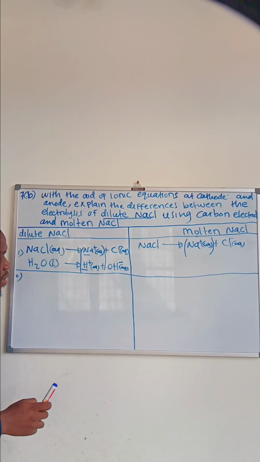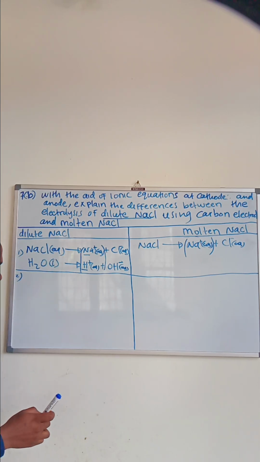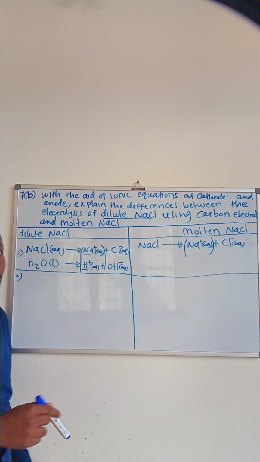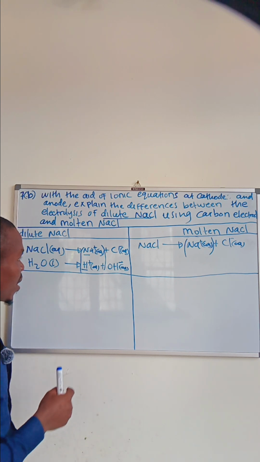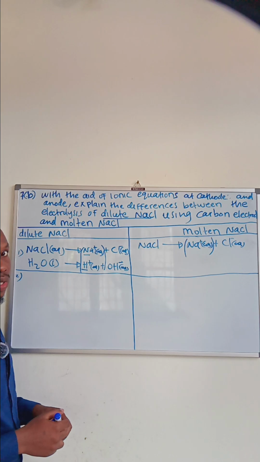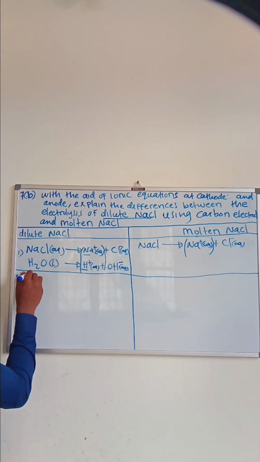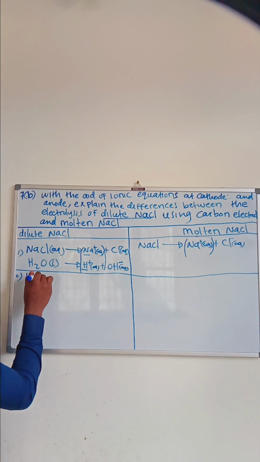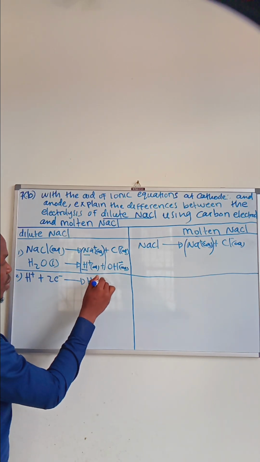In terms of discharging, we have sodium and hydrogen for dilute sodium chloride. Hydrogen is found below sodium in the electrochemical series, so hydrogen will be discharged at the cathode to produce hydrogen gas. So at the cathode for dilute sodium chloride, hydrogen ions gain electrons to form hydrogen gas.